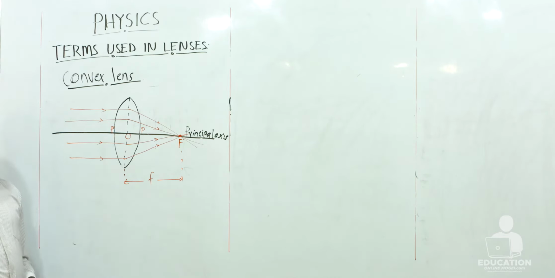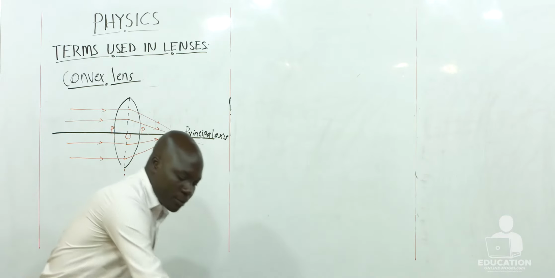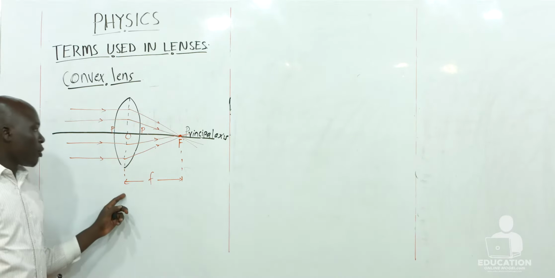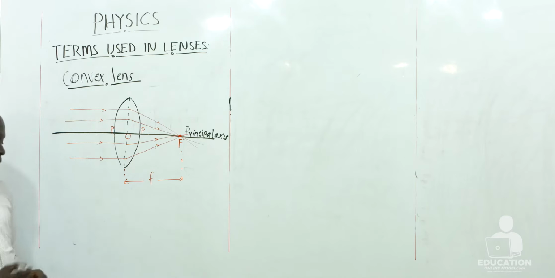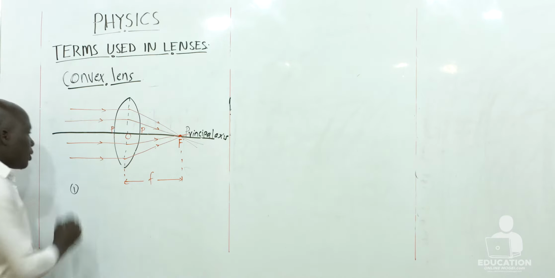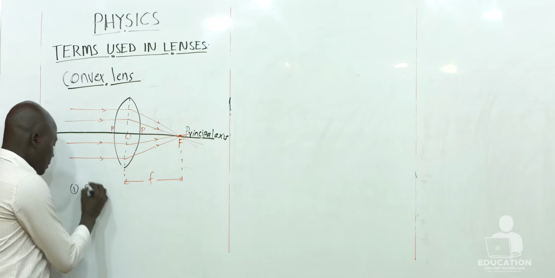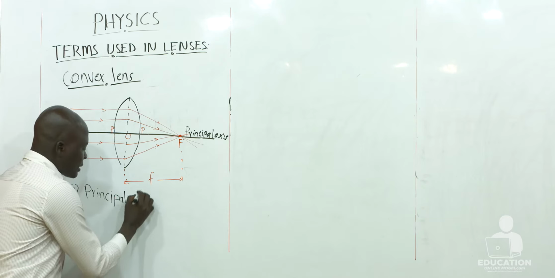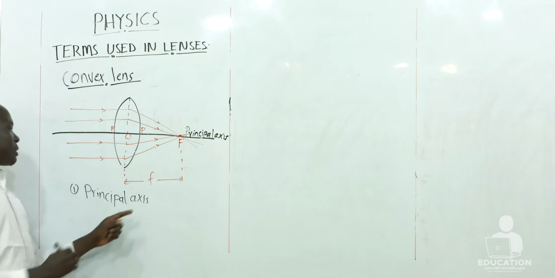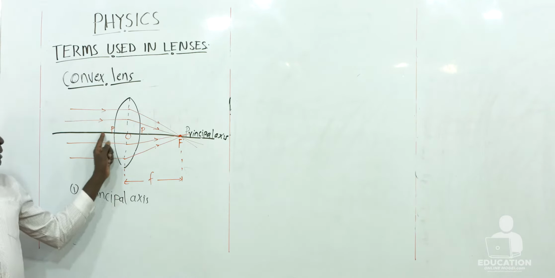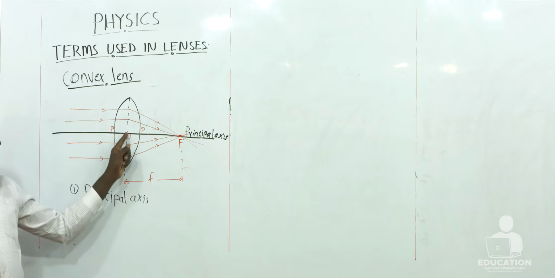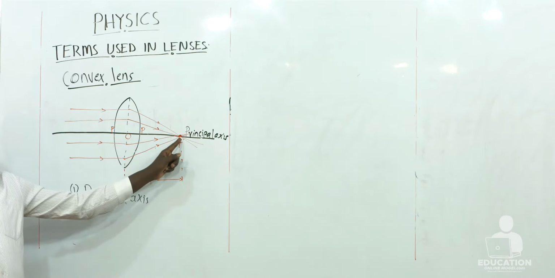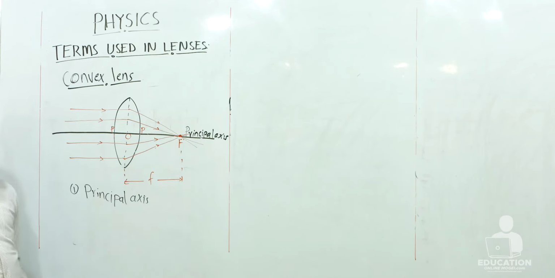So dear learners, in our previous lesson, we looked at some of the terms that we use when we are dealing with lenses, among which we looked at the principal axis, where we said principal axis is a line passing through the optical center and the principal focus of the lens.